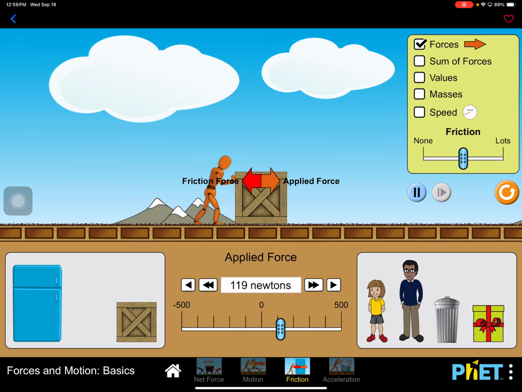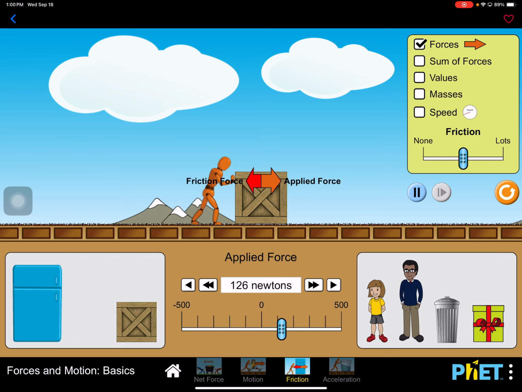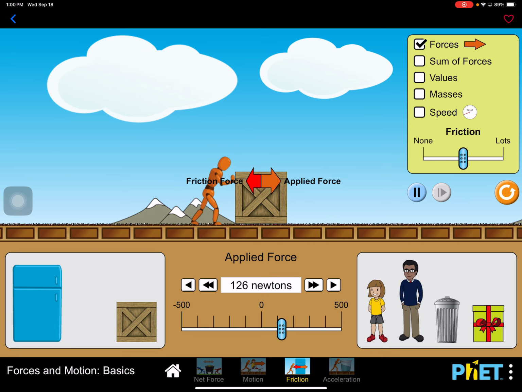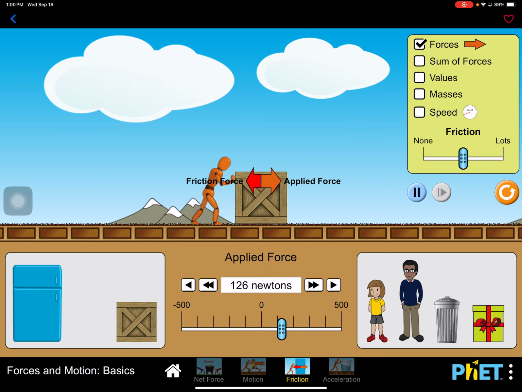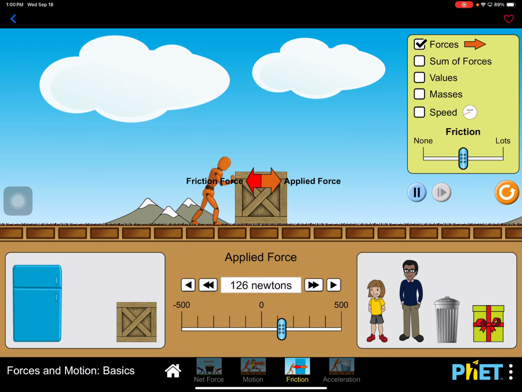All right, so 119 newtons. That's not quite moving it. So the maximum static friction force is greater than that. So the maximum static friction force in this case was 125 newtons.